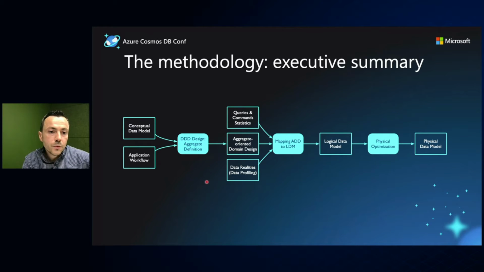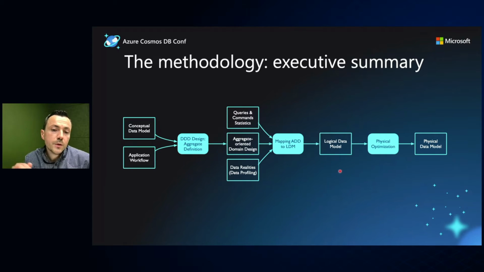The next step would be preparing the aggregate-oriented domain design. So these rounded boxes are activities we need to do. Then, when we have prepared the aggregate-oriented domain design, we take into consideration also queries and command statistics, as well as data realities. We can map this data model to the logical data model.